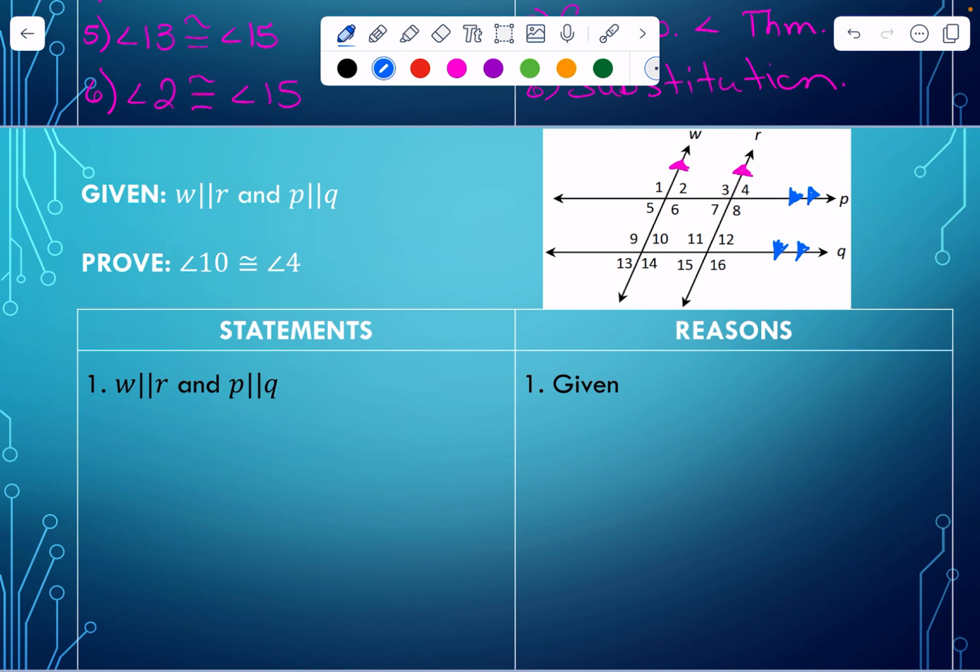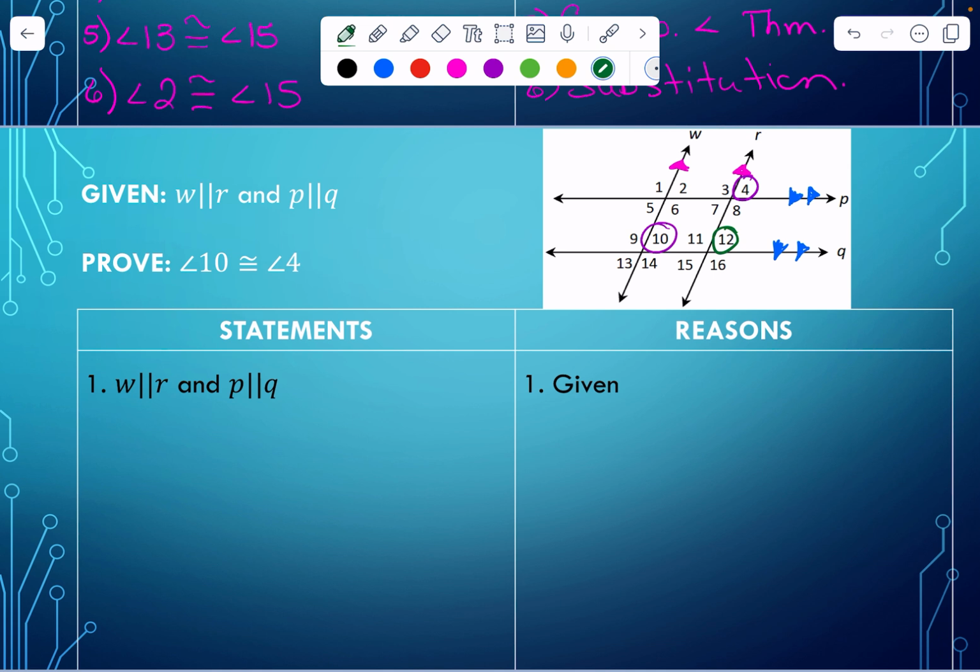So W is parallel to R, P is parallel to Q, and I am trying to prove that angle 10 is congruent to angle 4. So we look through to find something where they're the same. I'm going to use angle 12. Angle 12 is corresponding to 4 and it is also corresponding to 10.